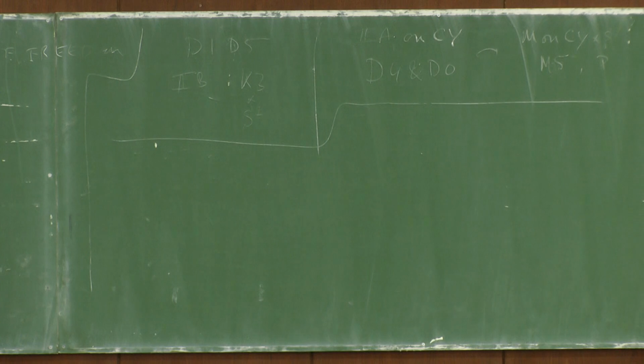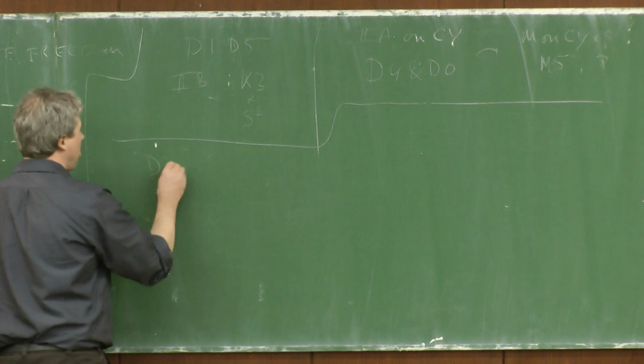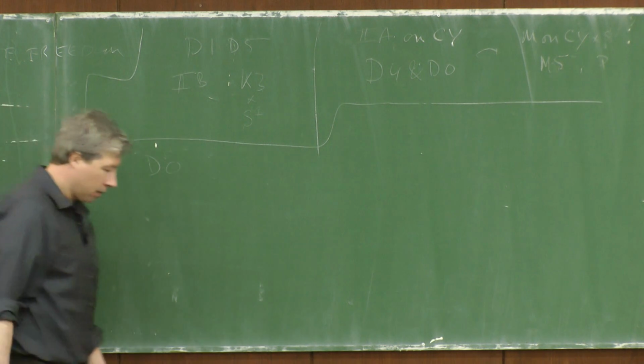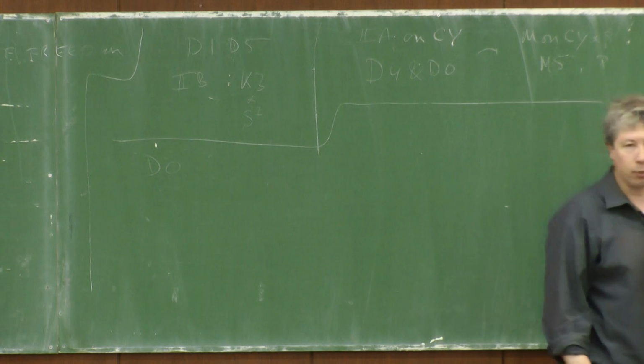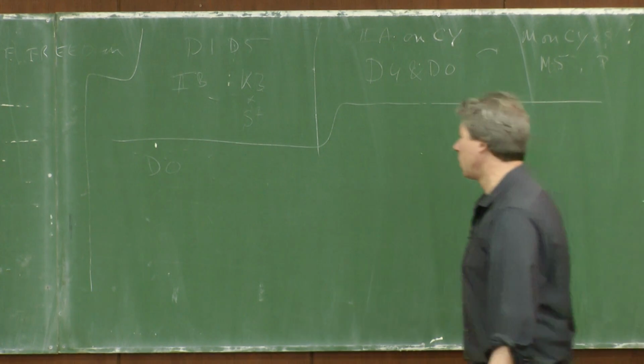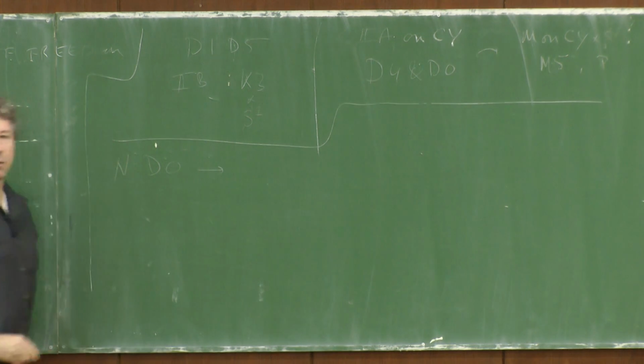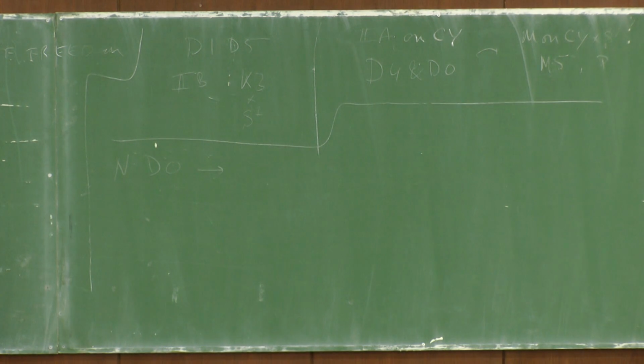First of all, D0 branes are point-like objects, and they have coordinates just like point particles have. But if you have n D0 branes, then they are described by some matrix quantum mechanics.